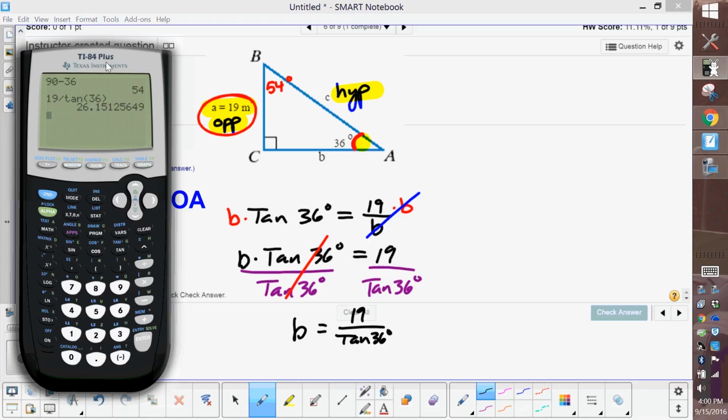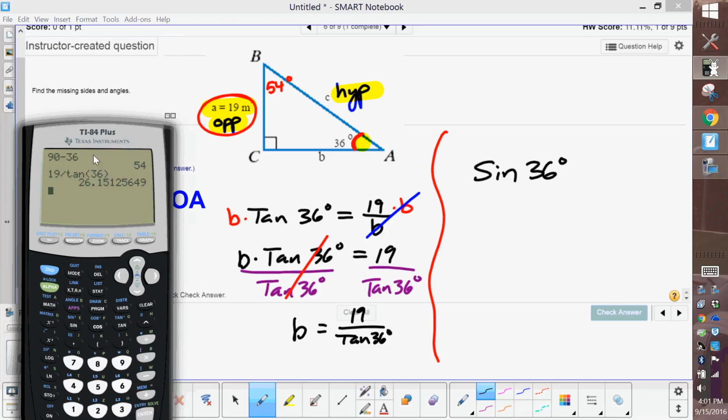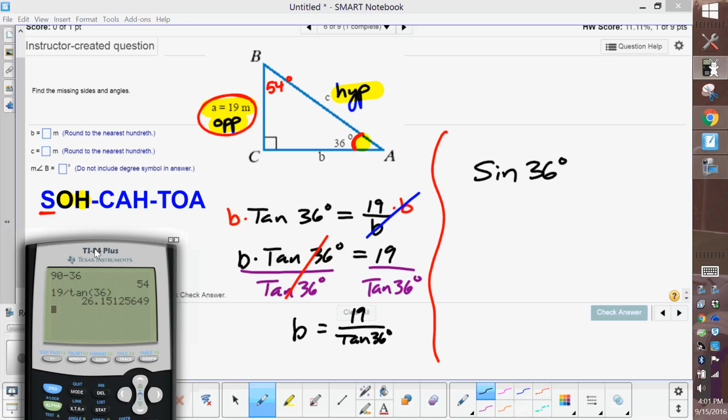I would say the sine of 36 degrees equals my opposite over hypotenuse. My opposite I know is 19. My hypotenuse this time is little c. And you'll notice I have a very similar problem as I did last time.